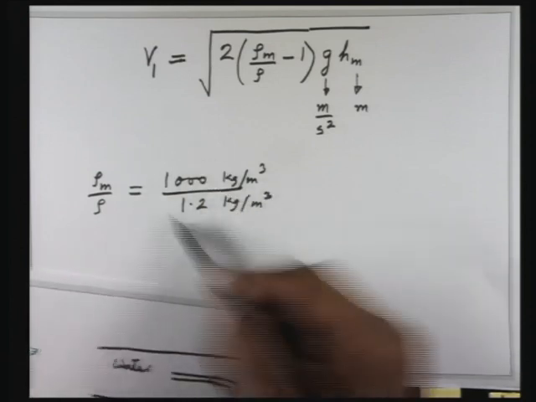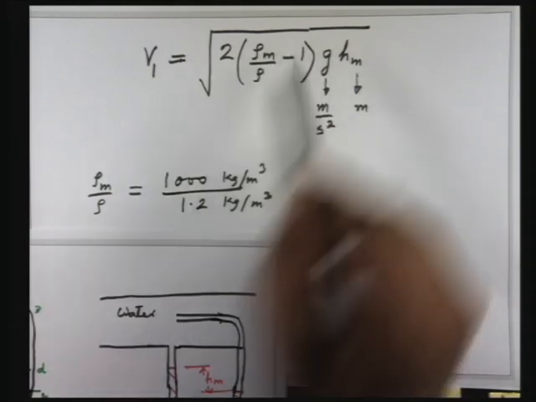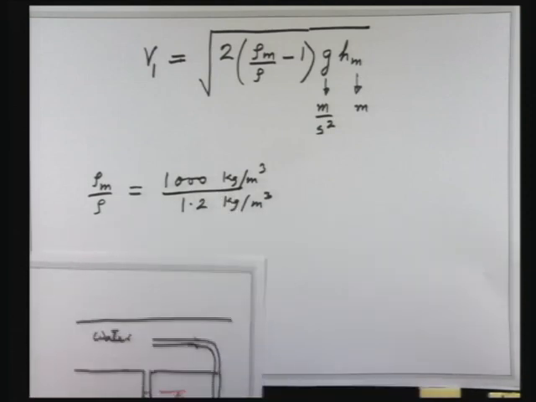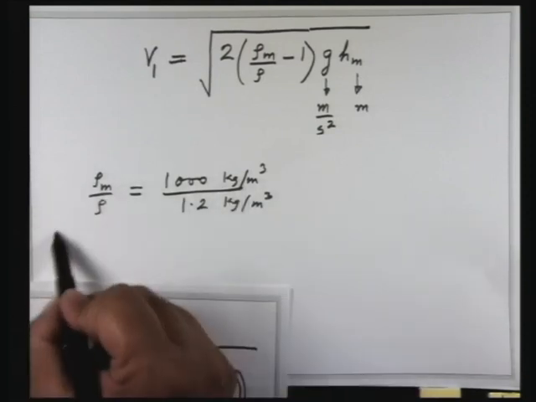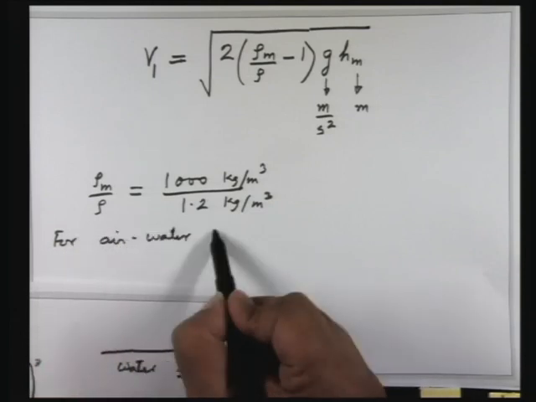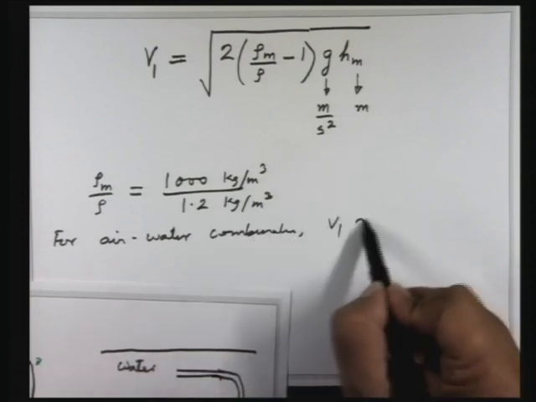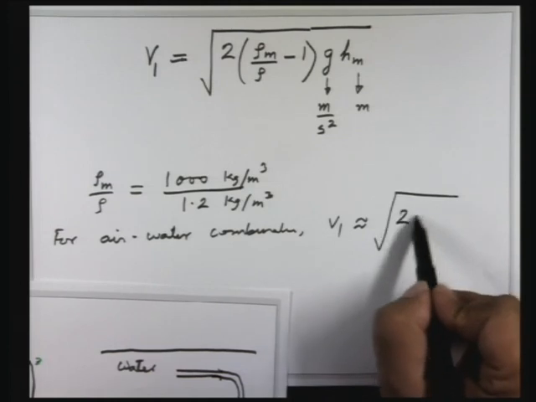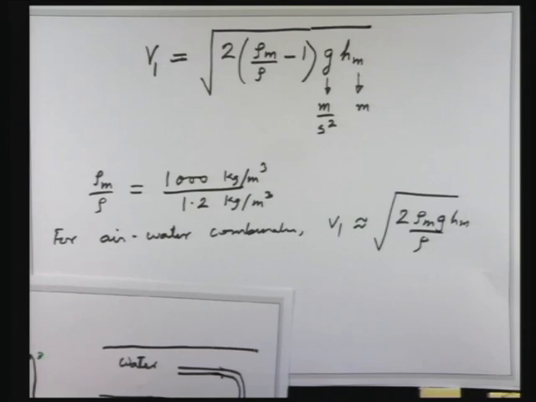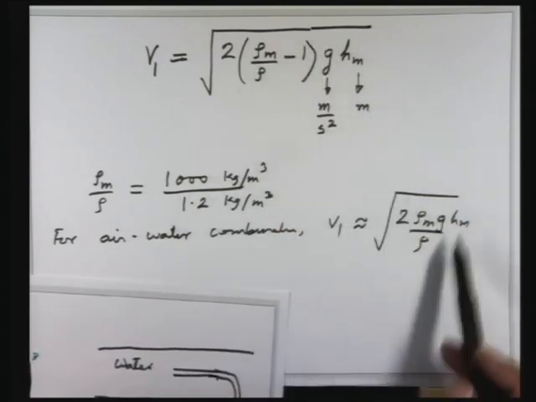So this is a large number, and if you are subtracting 1 from it, you can neglect this 1 in comparison with something of order 1000. So for the air-water combination, you can say V is approximately the root of twice rho m g hm by rho. Of course, many authors would use this.